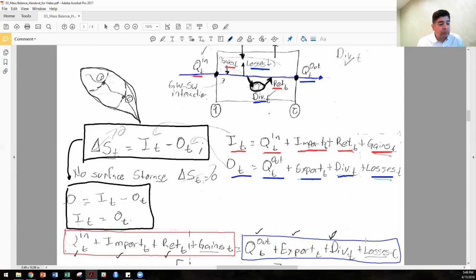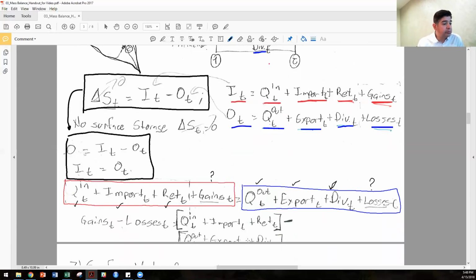In this case, the unknown variables are these gains and losses. These are the two variables that we do not know their value.